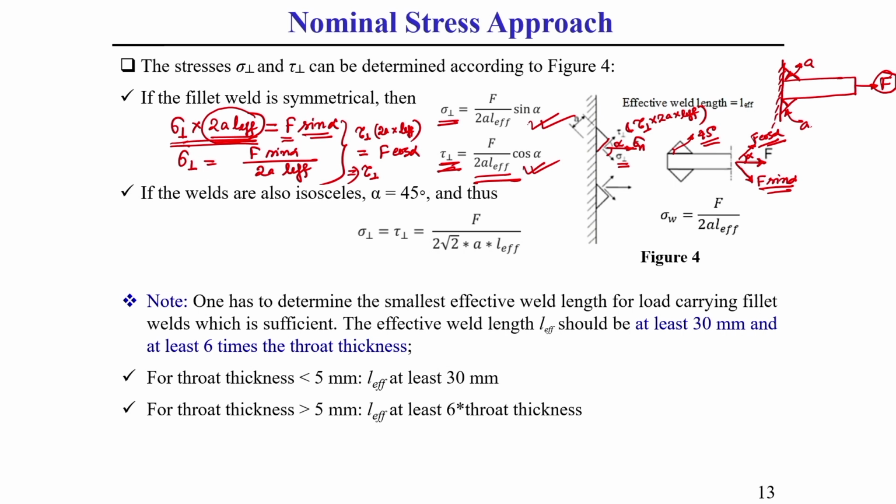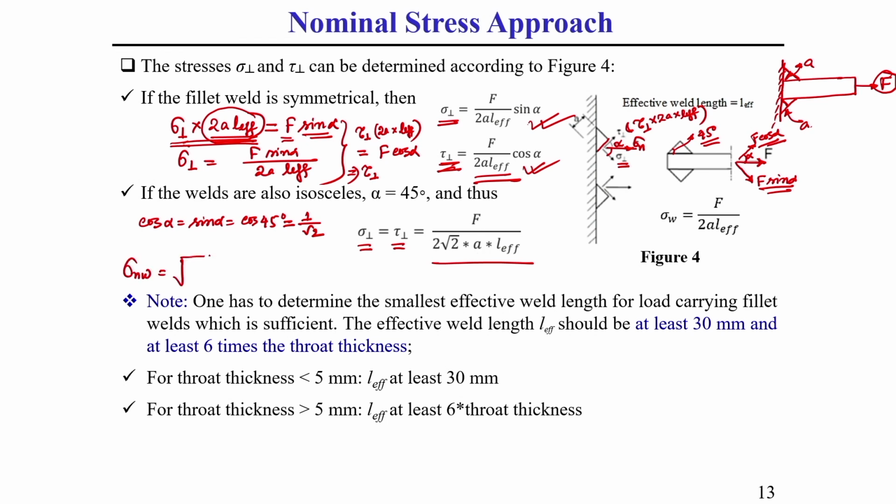Now, if alpha equals 45 degrees, then cos alpha equals sin alpha equals cos 45 degrees, which equals 1 by root 2, that we know. Once we put that, we get sigma T and tau T values. If the normal stress and shear stress values are known, then we can easily find sigma n w.